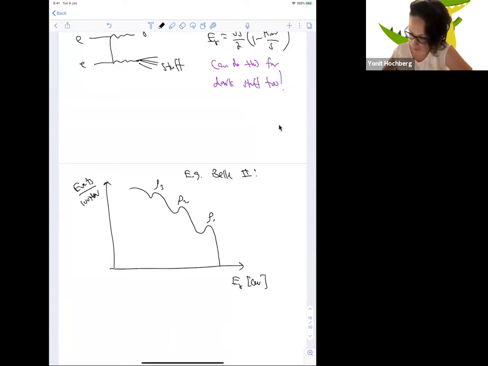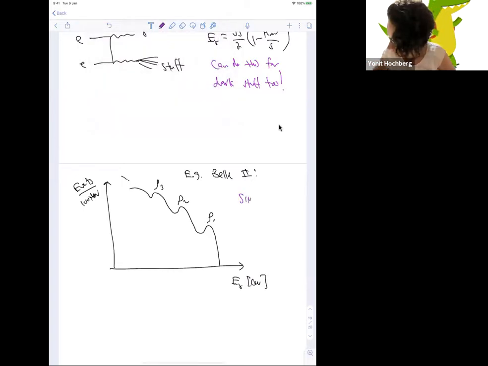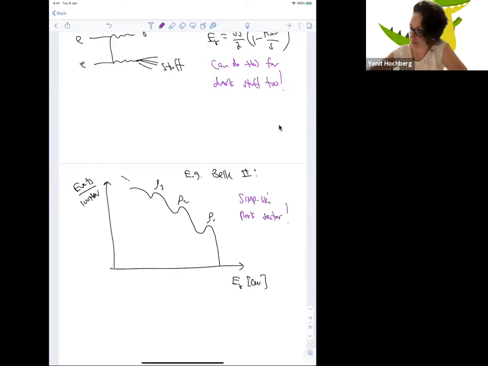Let me call those rho and enumerate them. You should be able to see these at low energy machines such as Belle 2. This is the type of spectrum that you'd expect to see for a SIMP-like dark sector, and this would be easily visible at a machine like Belle 2.